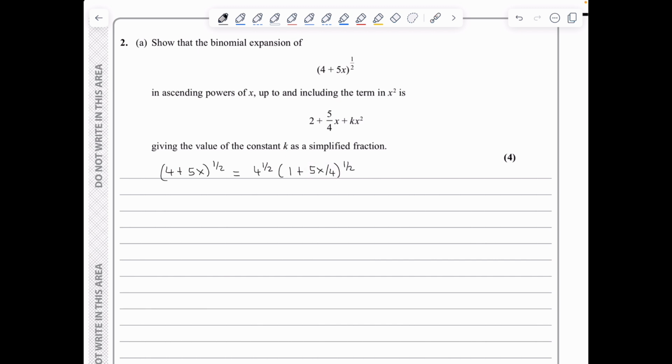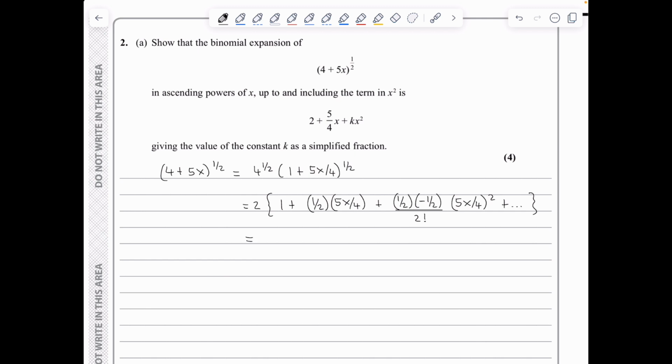Well, 4 to the half is simply the square root of 4, which is 2. And then I've got 1 plus a half times 5x over 4 plus a half times minus a half over 2 factorial times 5x over 4 all squared plus dot dot dot. I only need to go up to the x squared term.